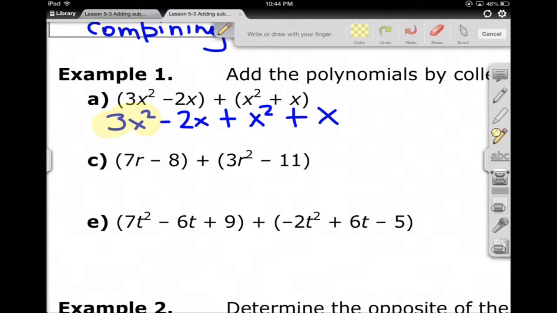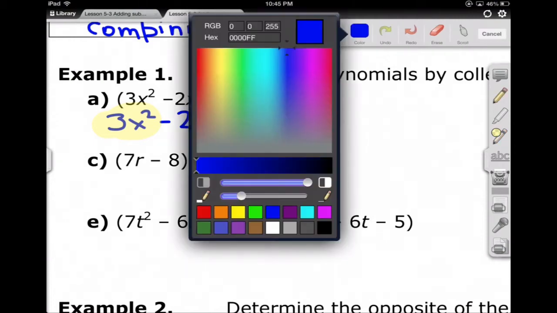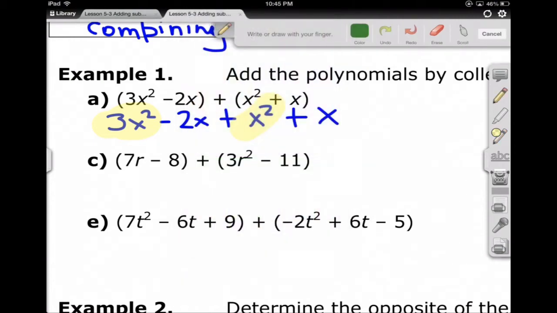Using the highlighter, I can see that I've got an x squared term there and another one there. So that's good for 4 x squared terms. So what we're doing is we're adding how many it is that we're talking about.